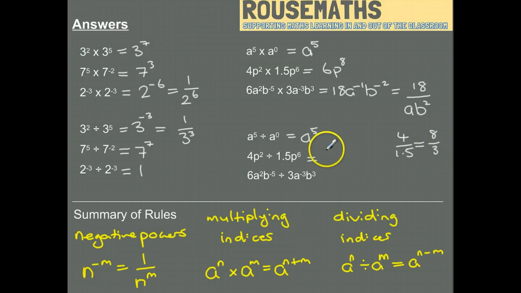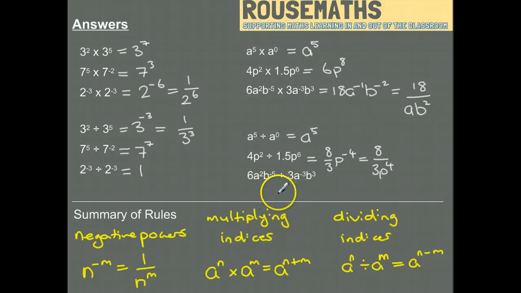And that's the way I'm going to leave it. 8 over 3, and then we've got p to the power 2 divided by p to the power 6. So that's going to be p to the minus 4. So that will finally finish as 8 over 3p to the 4, because that's how we'll apply the negative power rule, because p to the minus 4 is the same as 1 over p to the 4, so it ends up on the bottom.